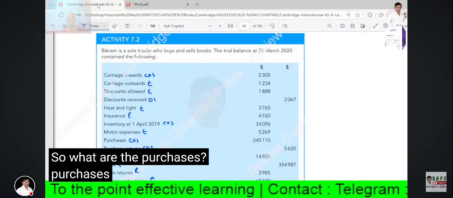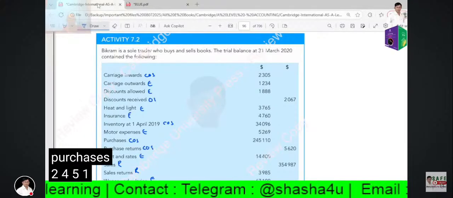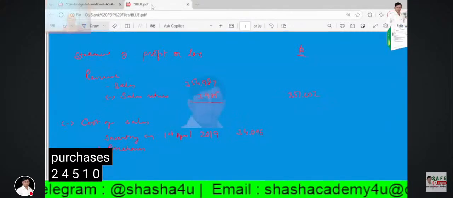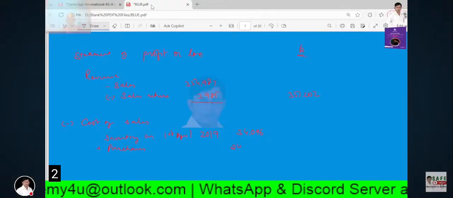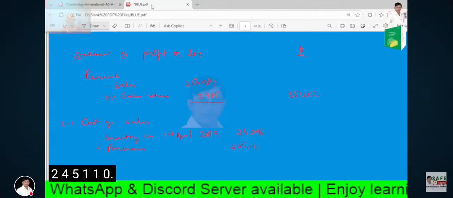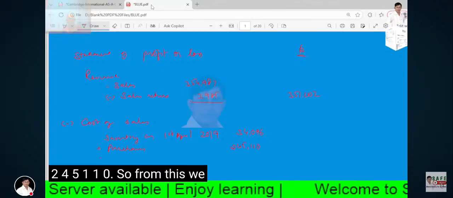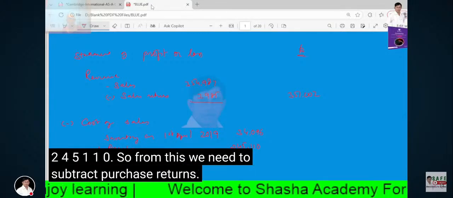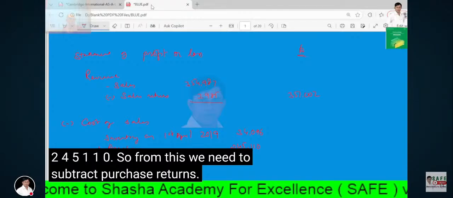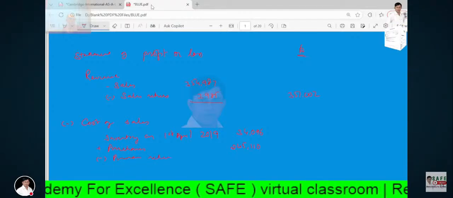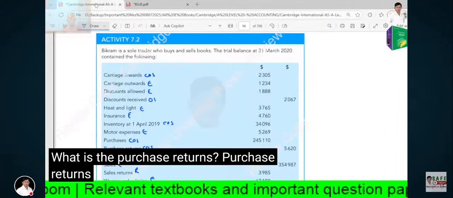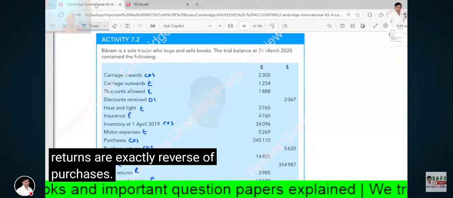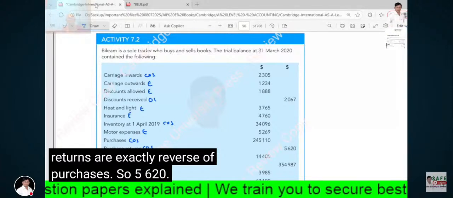Purchases 245110. From this we need to subtract purchase returns. What is the purchase returns? Purchase returns are exactly the reverse of purchases. So 5620.